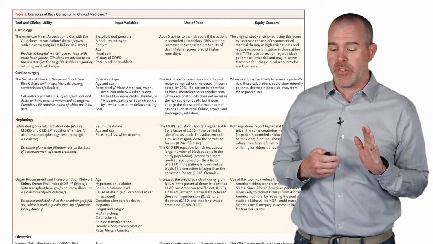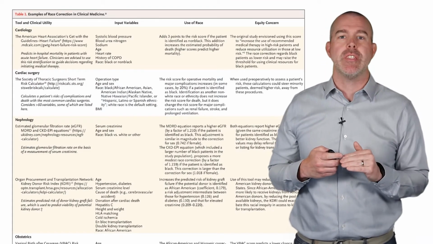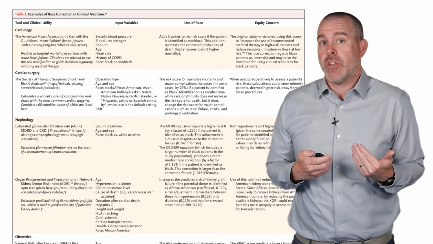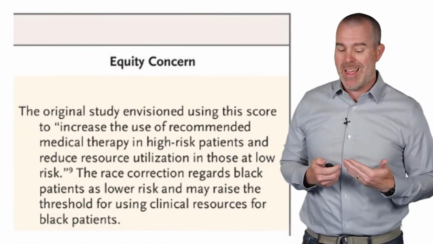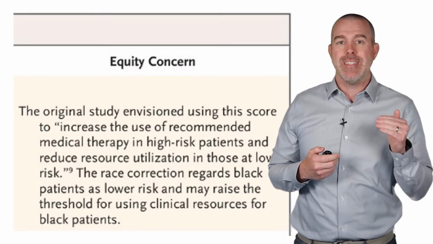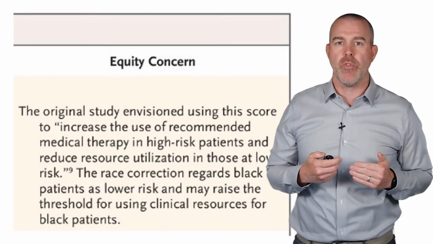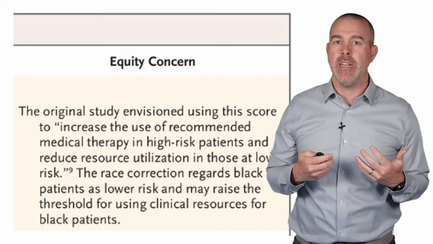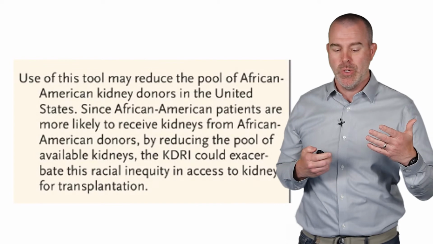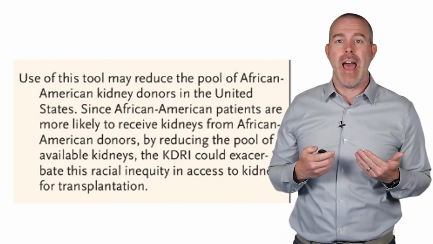Here's another research study, and they have this long list of different tests that use race and adjust for race, but then there are these concerns that pop up. Here's one. If you do this race correction, what happens is it raises the threshold for what a Black patient might need to do to be qualified for this particular therapy. Here's another one. Using this tool limits the number of African American kidney donors. Here's another one.